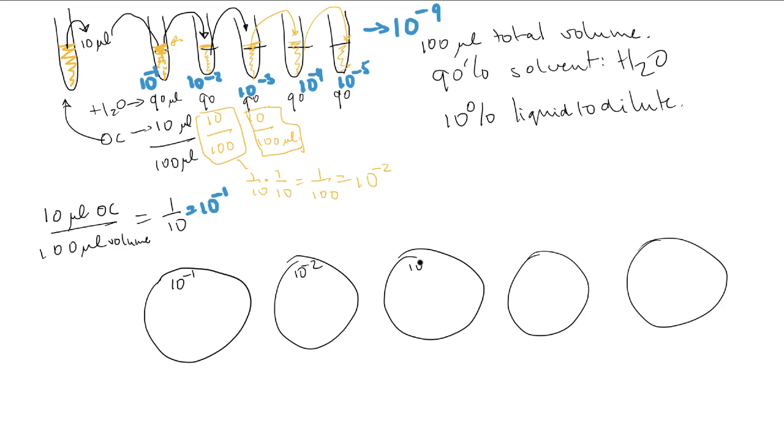This is going to be the 10 to the negative 2 tube, 10 to the negative 3, 10 to the negative 4, and 10 to the negative 5. I take all of the 100 microliters of this liquid and spread it over here. We have a special cell spreader that will evenly spread this liquid over the entire surface of the plate. And you do the same over here.